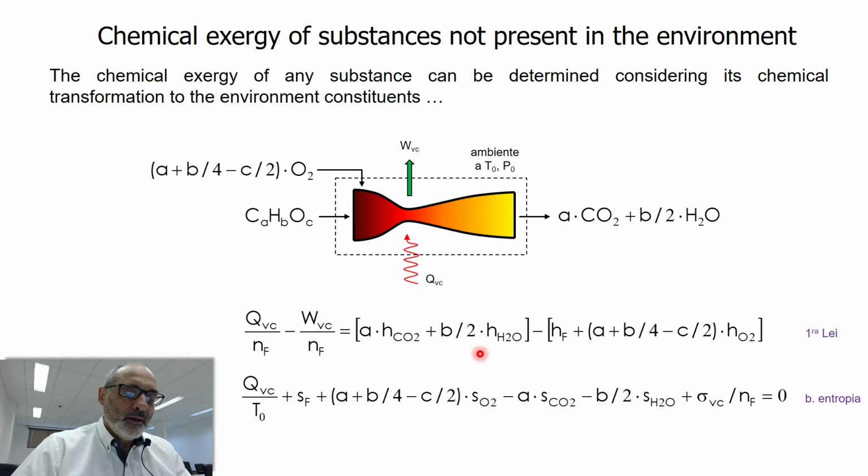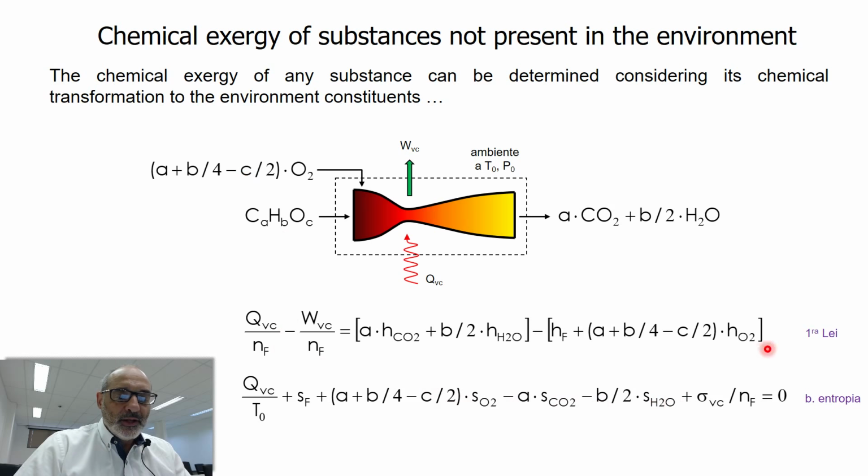So this is equal, according to the first law, to the enthalpy variation, products minus reagents. So I have A times CO2 enthalpy here, plus B divided by 2 times the enthalpy of H2O, minus the fuel's enthalpy here, plus oxygen's enthalpy, HO2 times the amount of oxygen entering the control volume.